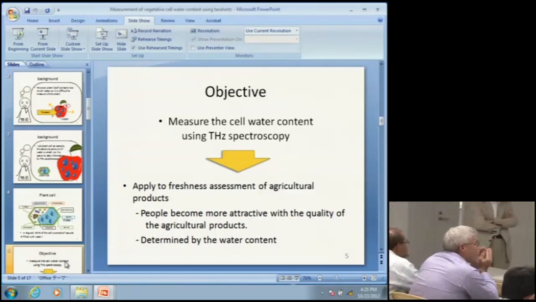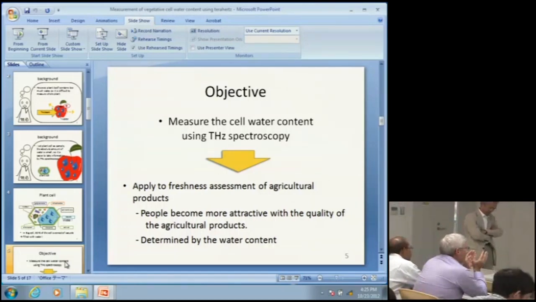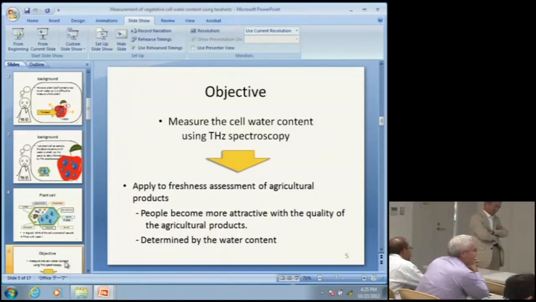You are measuring the water content of the vacuole. Your method assumes that the absorbance of the water is always the same in any vacuole. Is there zero effect of the contents of the vacuole on the absorbance of the water in the terahertz region?